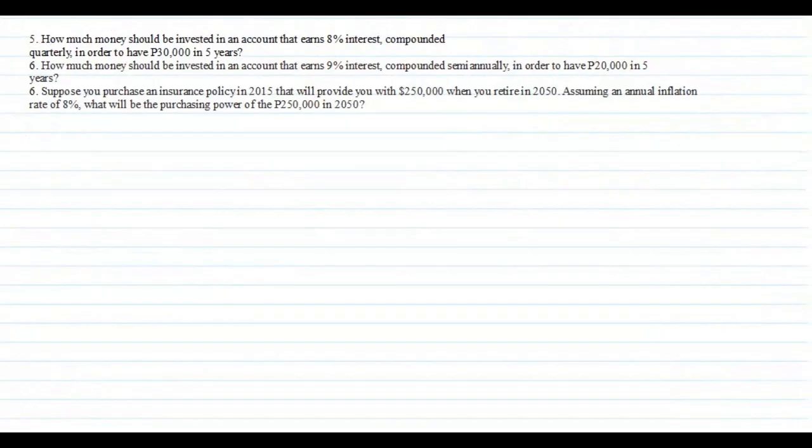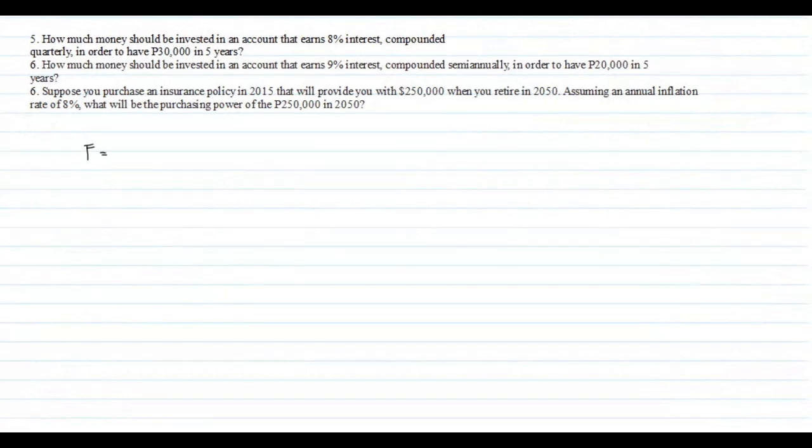So anyways, going back on the formula, yung formula natin is F is equal to P times 1 plus I raised to N when you are finding for the compound amount. Now, what if you are finding for the P there? So again, what we are going to do is algebraically manipulate our equation and isolate P, because P is the value that we are looking for.